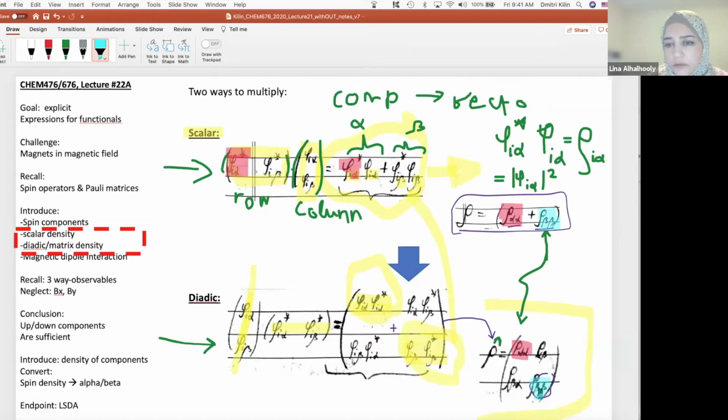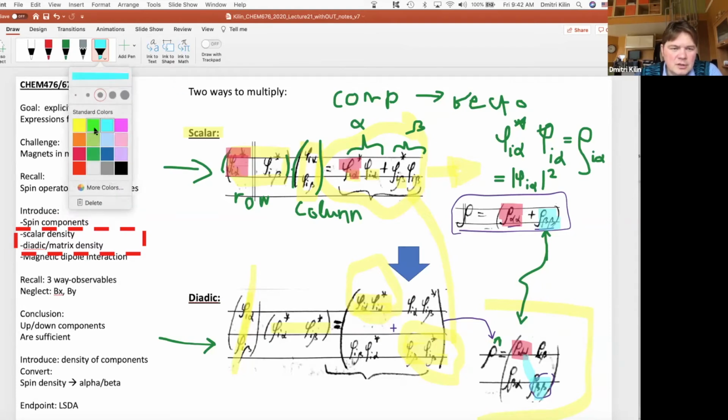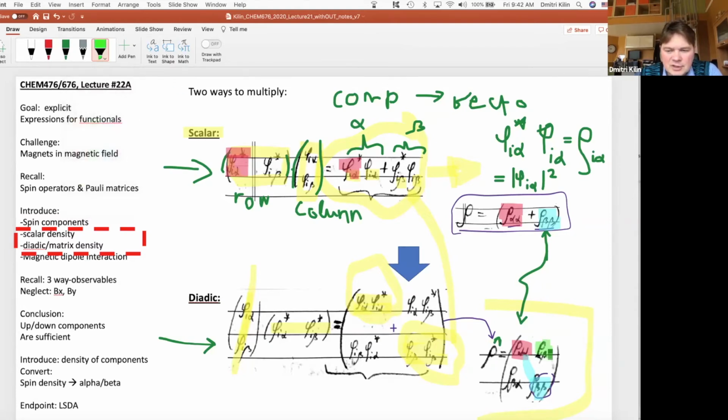Okay. So the elements contributing from scalar product will be diagonal elements of this orbital matrix, right? Yeah. But in addition to this, there will be off-diagonal elements which were not included if we practice just scalar product. Right.